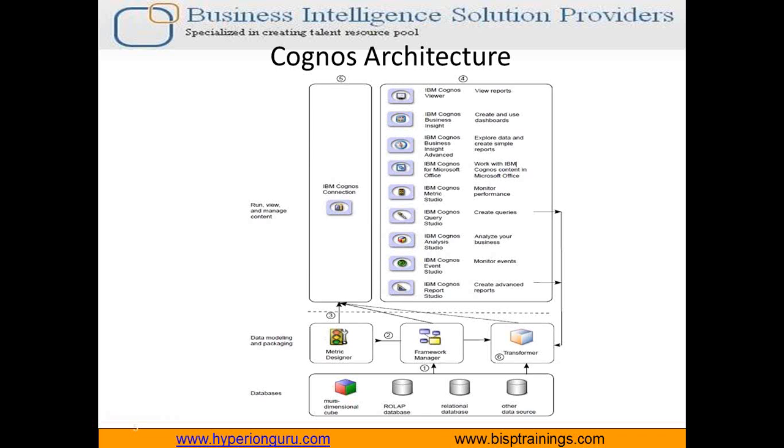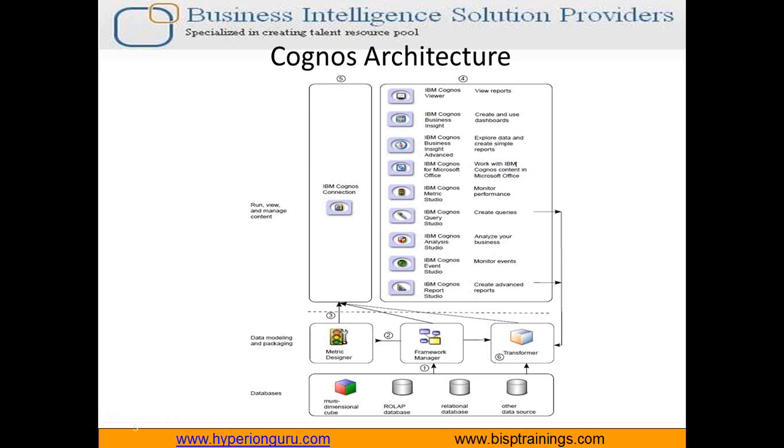Starting with one country will have many states, one state will have many cities, and one city will have many addresses in it. So this is dimensional data, whereas in relational there is only one level of hierarchy. You can connect to either of them, or you can convert relational into dimensional, connect it to Framework Manager, and then use it in Cognos.